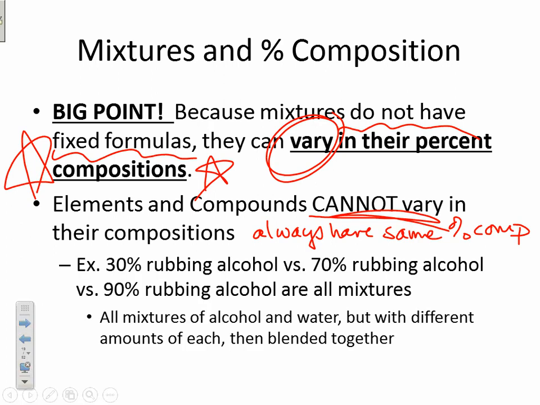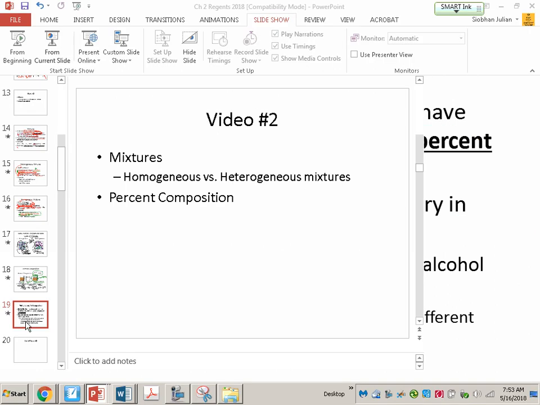Different percentages of rubbing alcohols are proof that these are mixtures. They can change: you can have 30% rubbing alcohol, 70%, 90%. They're all mixtures, but they have different amounts in each one, and then you simply blend them together. That is not the case if you just had a pure alcohol that isn't mixed with water. It would always be consistently the same percent, same composition.